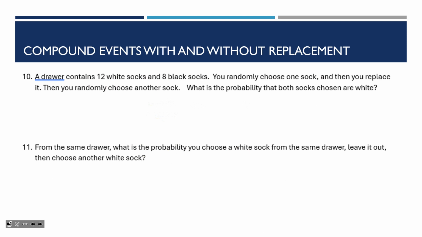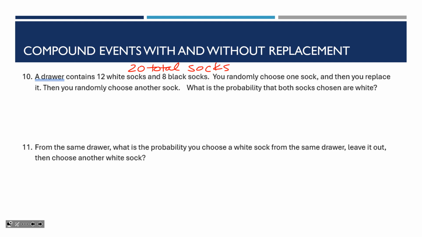Okay, so now let's talk about compound events, and let's talk about what it means to replace or use without replacement. So you'll see what I mean. Let's get into this. Ready? A drawer contains 12 white socks and 8 black socks. So before I do anything, let's think about this. There are 20 total socks in the drawer, right? You randomly choose one sock, and then you replace it.